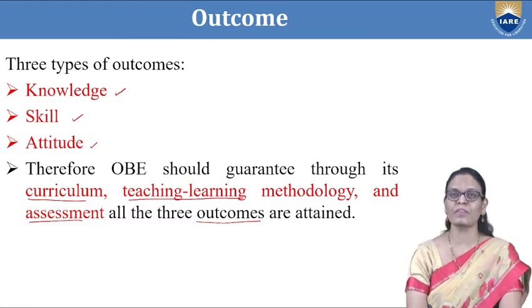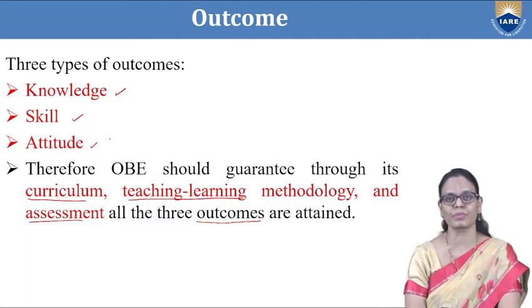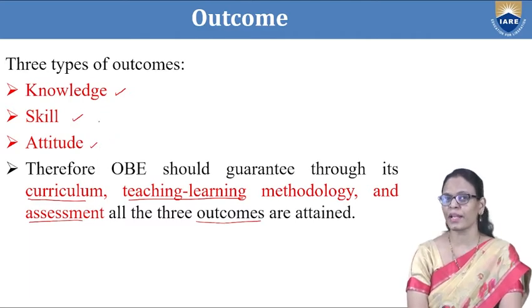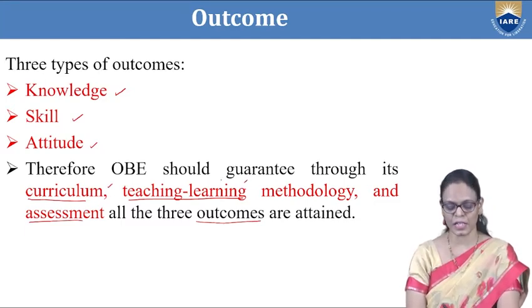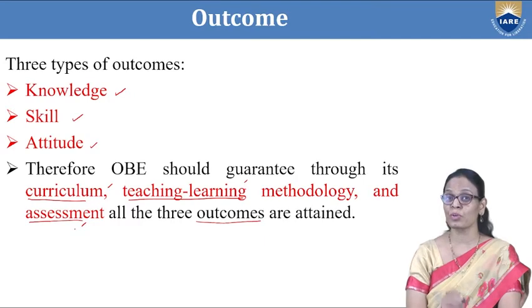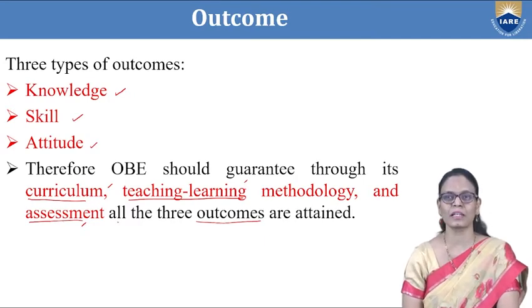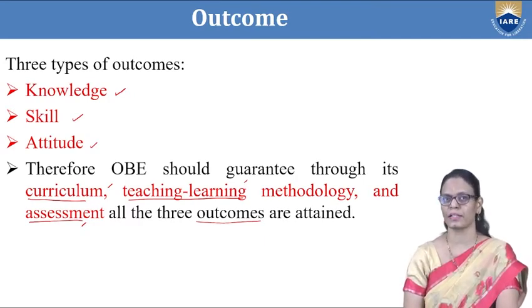Whenever we are designing a course, the outcome of the course has to be knowledge-based, skill-based, and also attitude-based. In order to take care of that, we need to focus on the curriculum, the teaching learning methodology, and the assessment, which should be framed in such a way that these outcomes are attained.